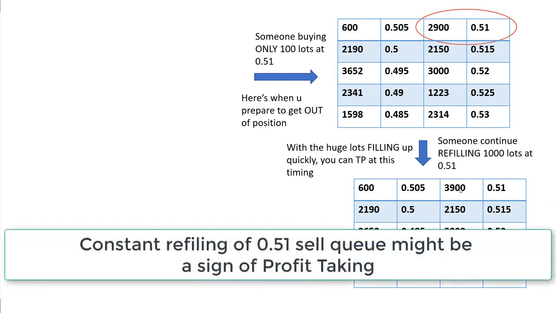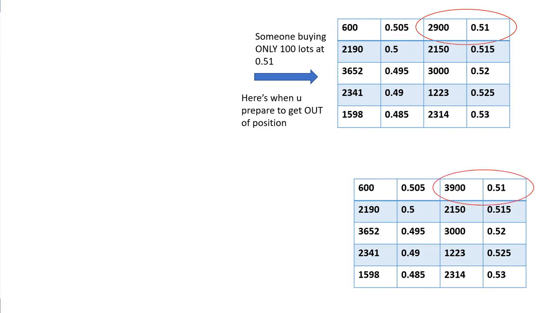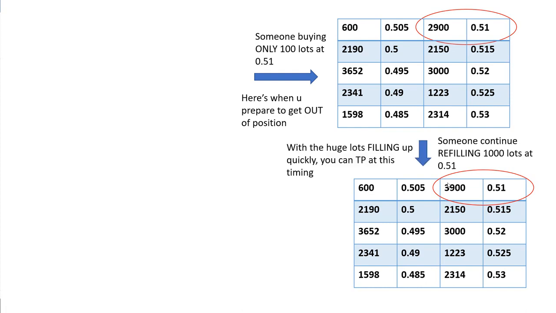Lots of people are refilling at 51 sell queue. In this case, you could see that there is 1,000 lots refilled at this 51 cent level, from 2,000 jump up to 3,000. So ladies and gentlemen, if this is the case, then you might have to get out at the buy queue, 50.5 cents, you might have to break even.